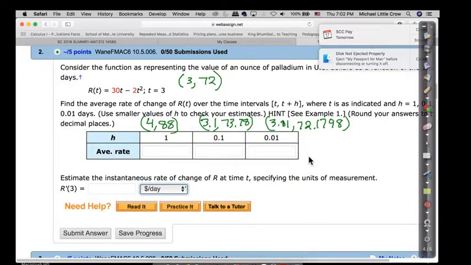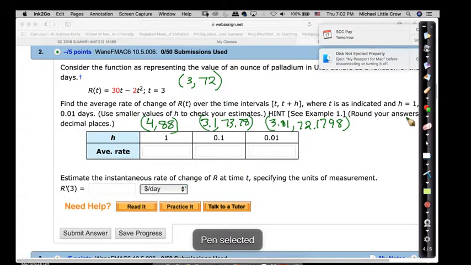So I'm going to take this point. I'm going to subtract 3 and 72. So I'm taking that point from the top. When we subtract these, would you agree that 3.01 minus 3 is going to give us, in the bottom, 0.01, right?